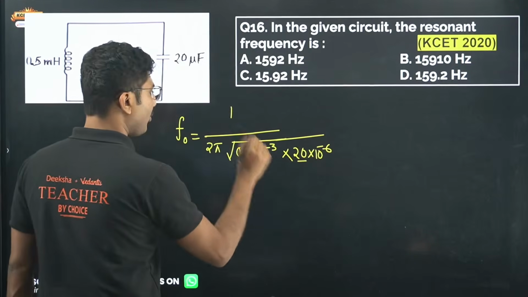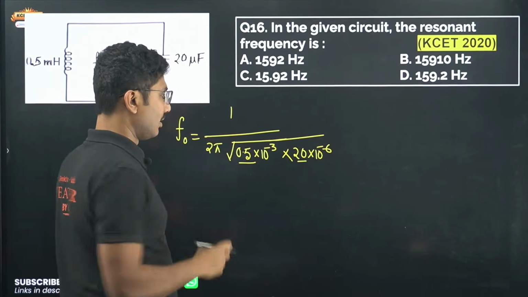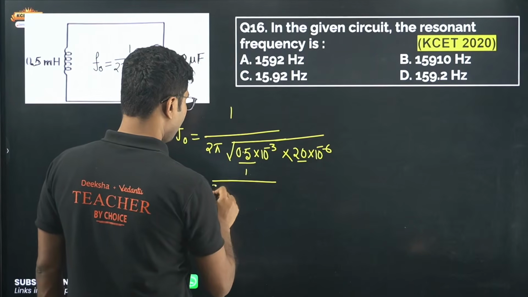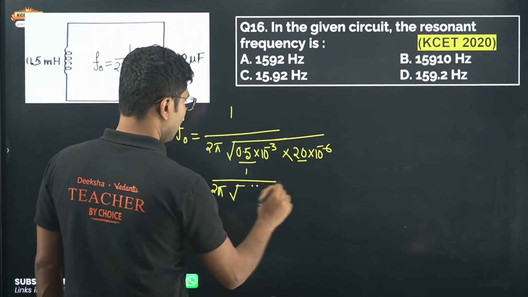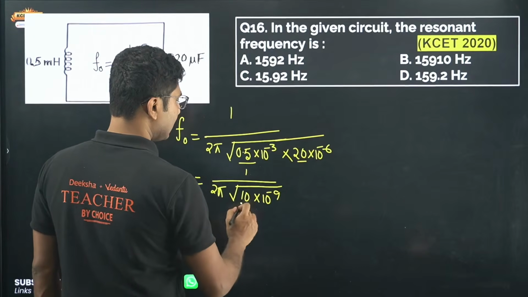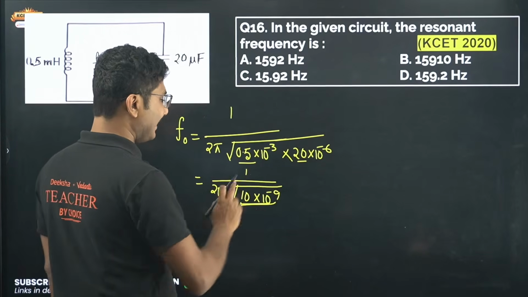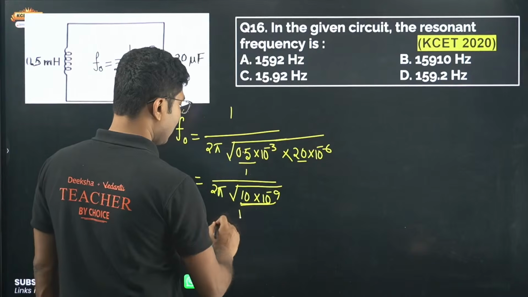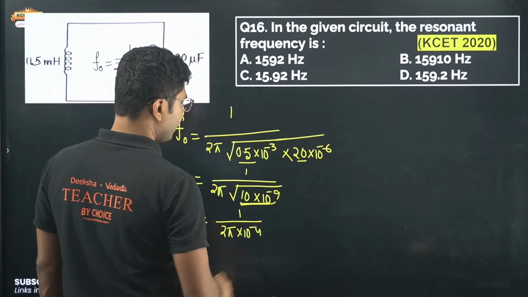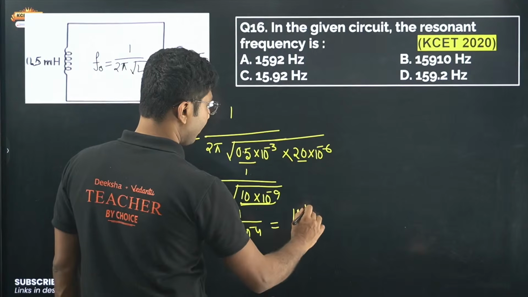Now 20 into 0.5 is 10. So this will be 1 upon 2 pi square root of 10 into 10 to the power of minus 9, which is 10 to the power of minus 8. Square root of that, you will get 1 upon 2 pi into 10 to the power of minus 4. So that means 10 to the power of 4 by 2 pi.